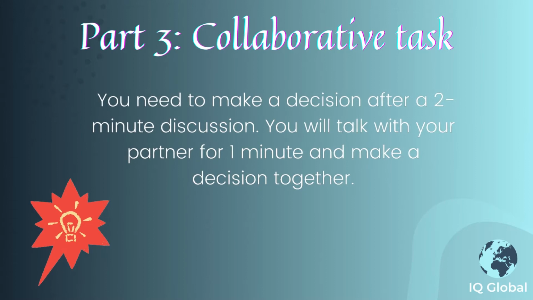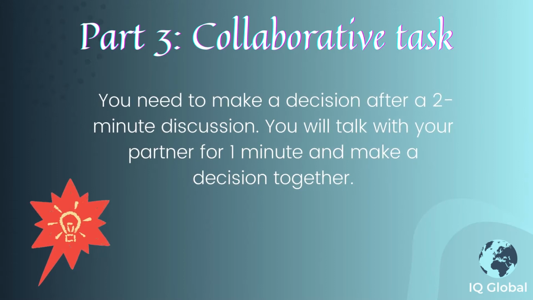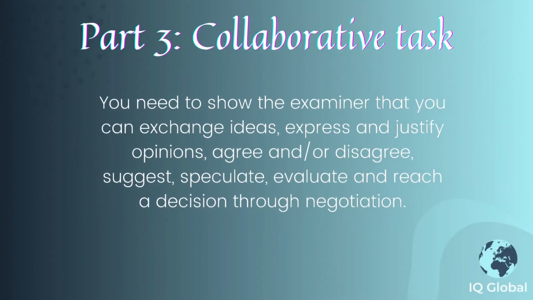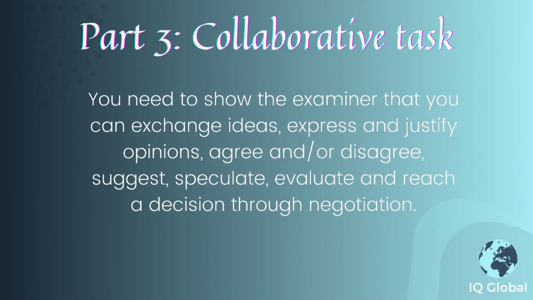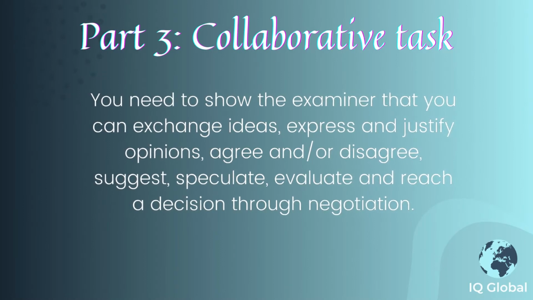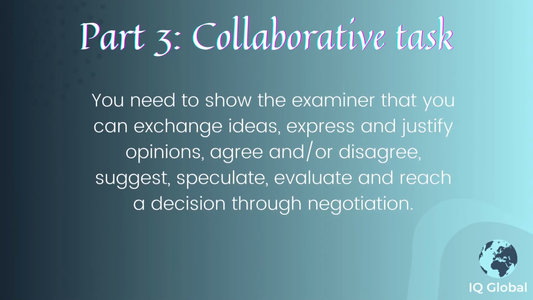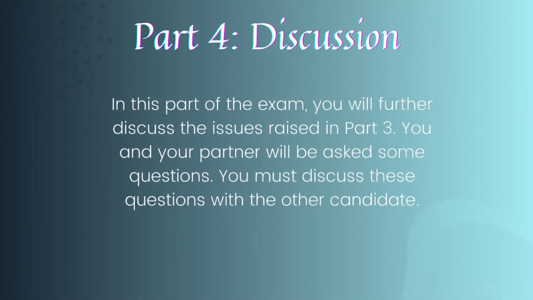You will talk with your partner for 1 minute and make a decision together. You need to show the examiner that you can exchange ideas, express and justify opinions, agree or disagree, suggest, speculate, evaluate, and reach a decision through negotiation.